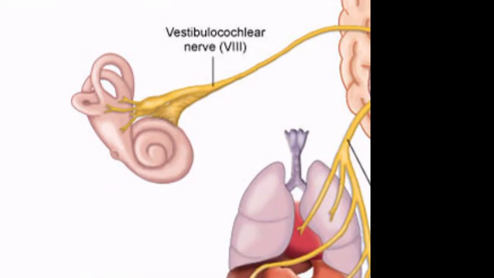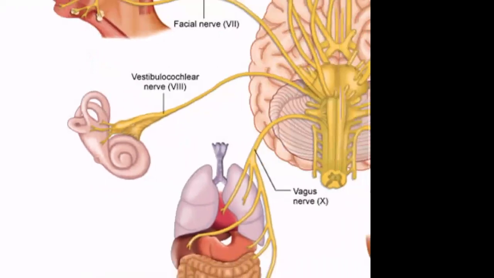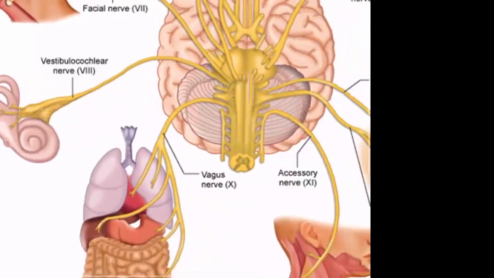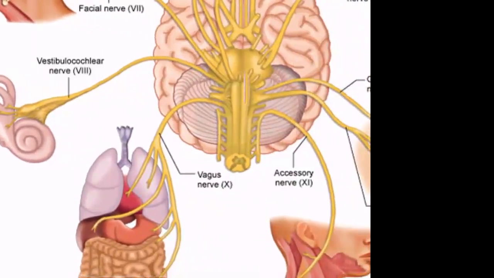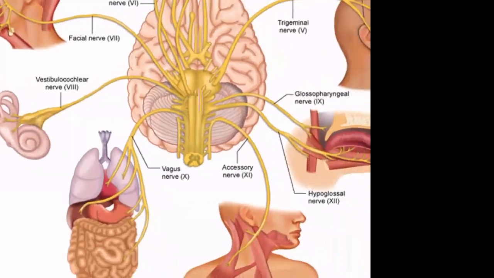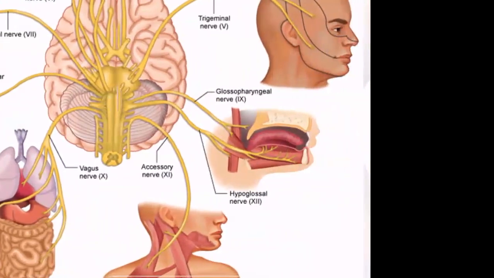And that information is sent along the vestibulocochlear nerve, cranial nerve 8, so that you can hear me, and you can interpret what I'm saying. The glossopharyngeal nerve is cranial nerve 9.